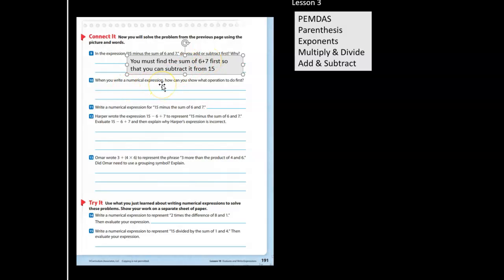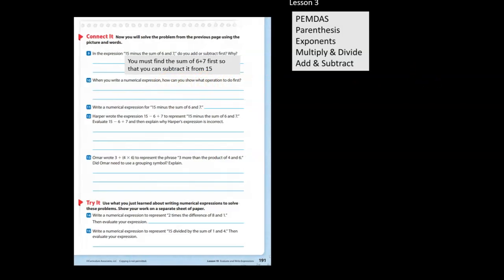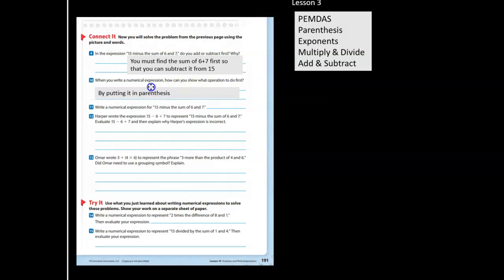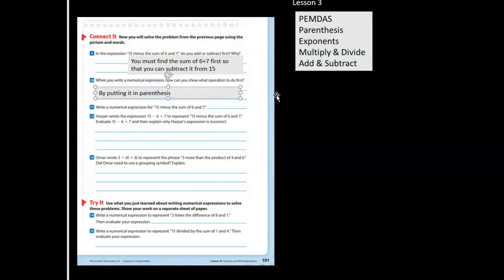When you write a numerical expression, how can you show what operations to do first? I hope you know this one now: by putting it in parentheses. That always is going to tell you that you have to do that first. Number 11, write a numerical expression for 15 minus the sum of 6 and 7.